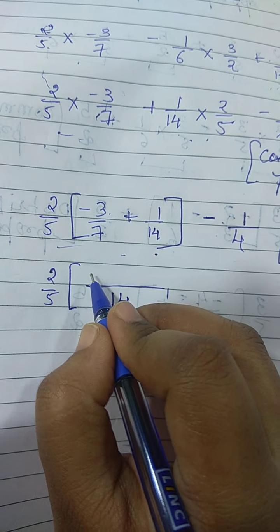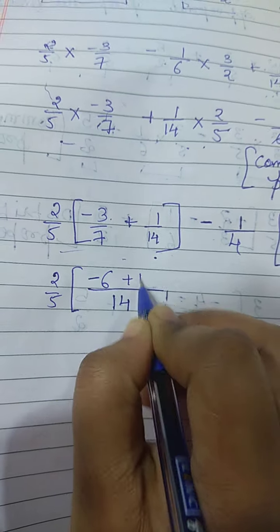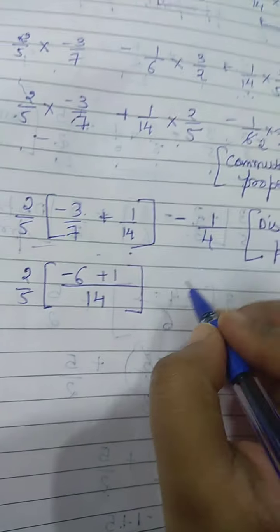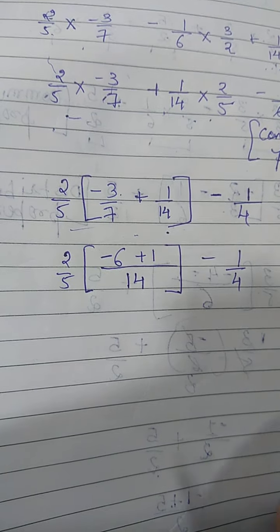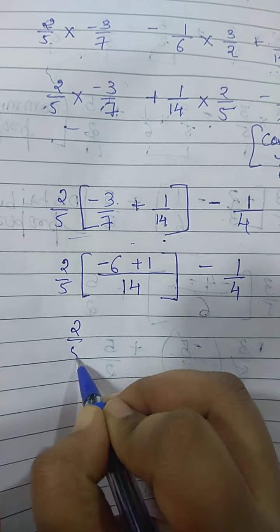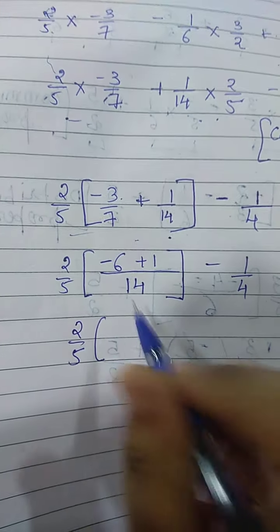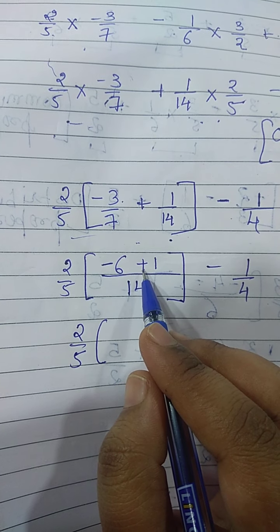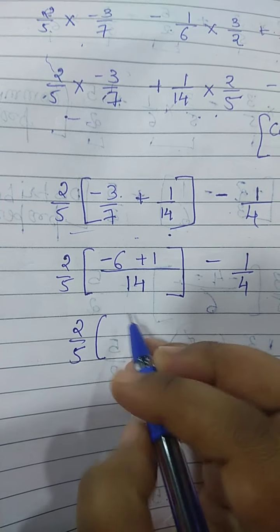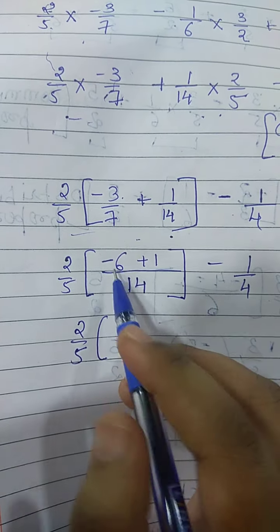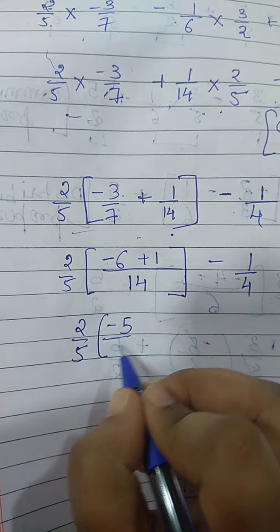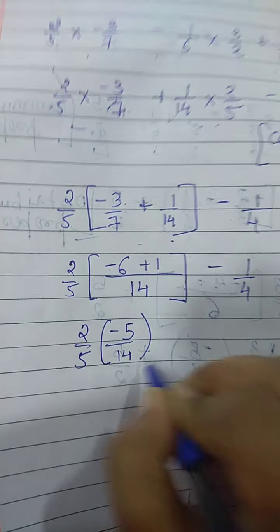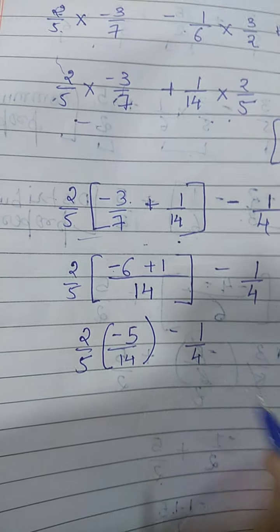That is 3 into 2 is 6, plus 1, minus 1 upon 4. So this will be 2 upon 5 bracket, minus plus is minus. 6 minus 1 is 5. Greater number sign is minus. Minus 1 upon 4.